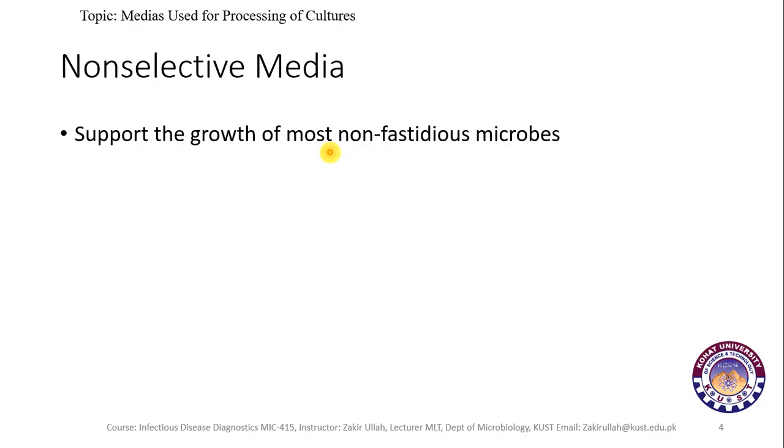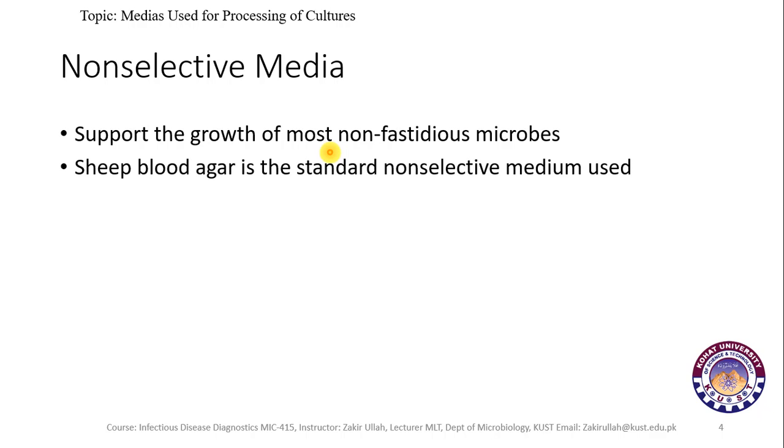So that type of microorganism is called a non-fastidious microorganism. The example of this non-fastidious, or simple, media is sheep blood agar. This is a standard non-selective media, and mostly in well developed and standard labs, this is the standard medium used for all the non-fastidious microbes.